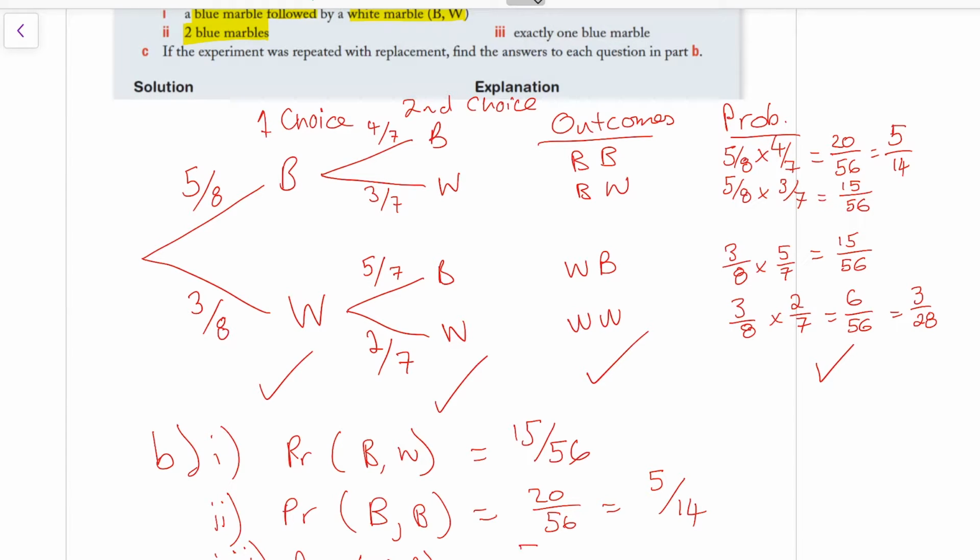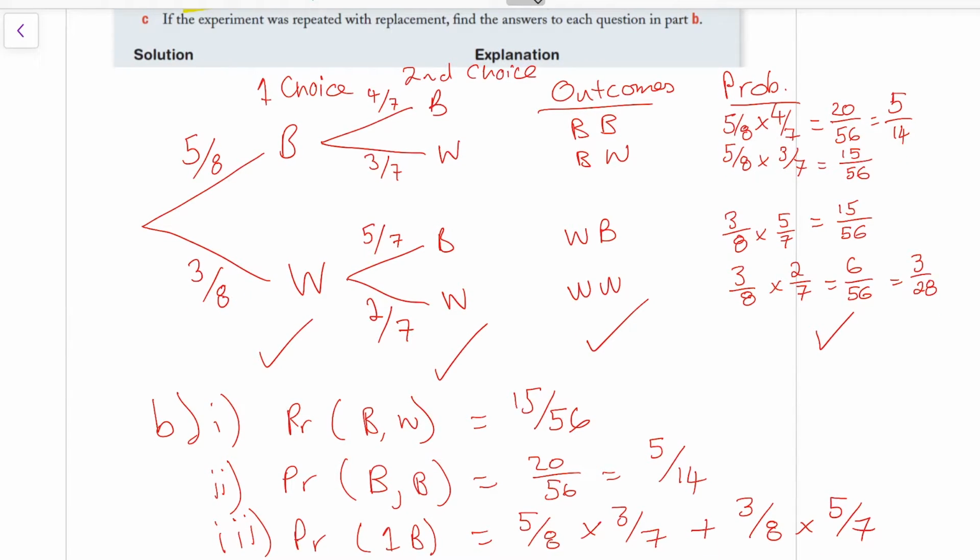So we've got 5/8 times 3/7 plus 3/8 times 5/7. Now if you look back up there, look where we've got a blue marble available to us. Okay, so I'll just highlight it. So 1 blue marble there, 1 blue marble there. That's where I'm getting my numbers from, as you can see.